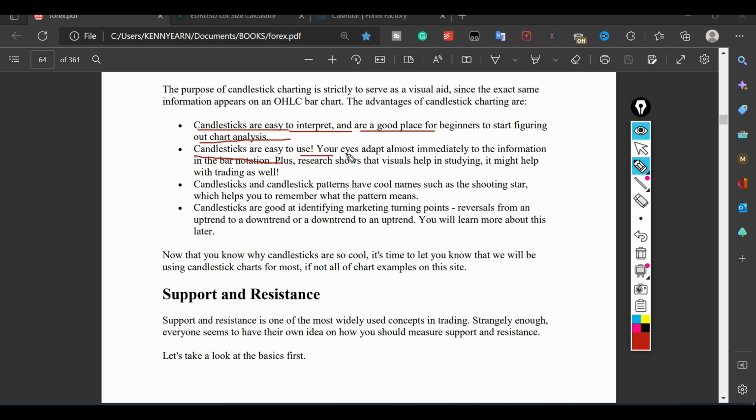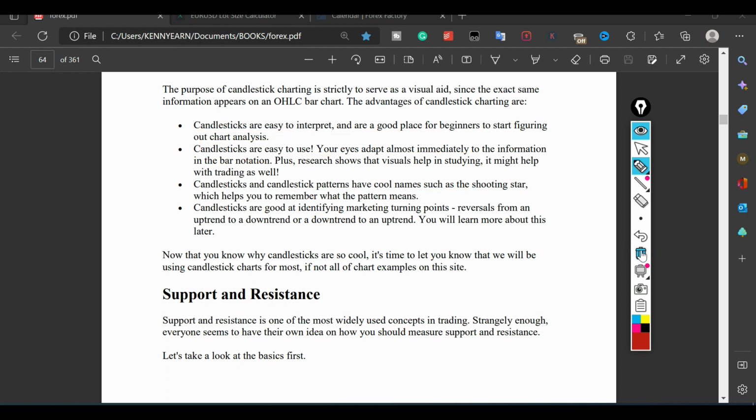Your eyes adapt almost immediately to the information in the bars. Candlesticks and candlestick patterns have cool names. There are different patterns, and we're going to be going through them very soon. Different patterns of the candlestick could help you to analyze the market or tell where the market should go.